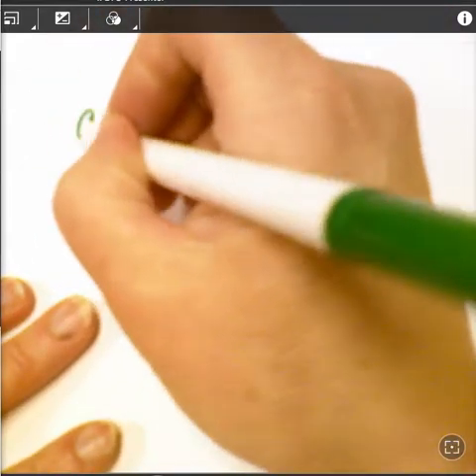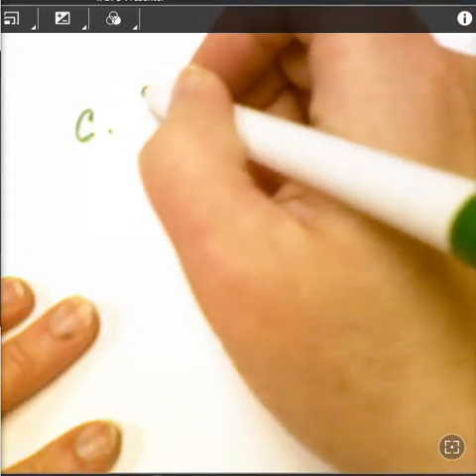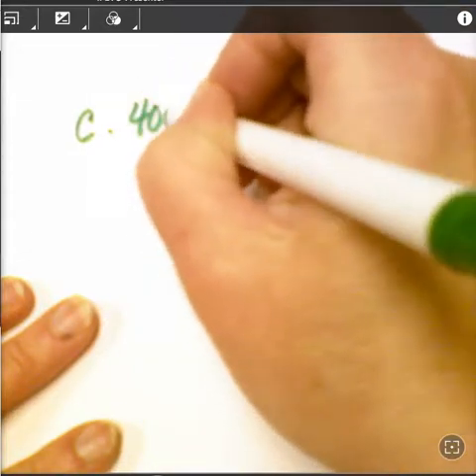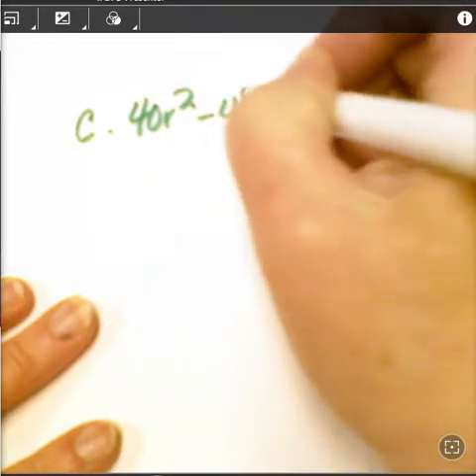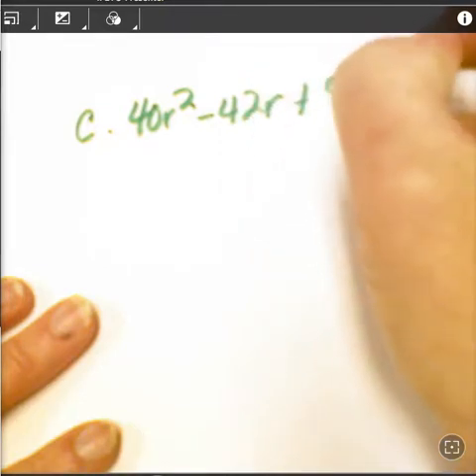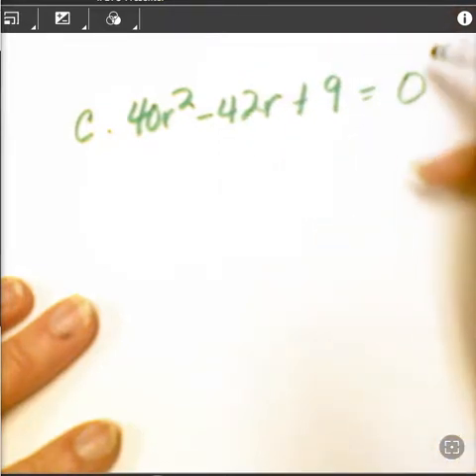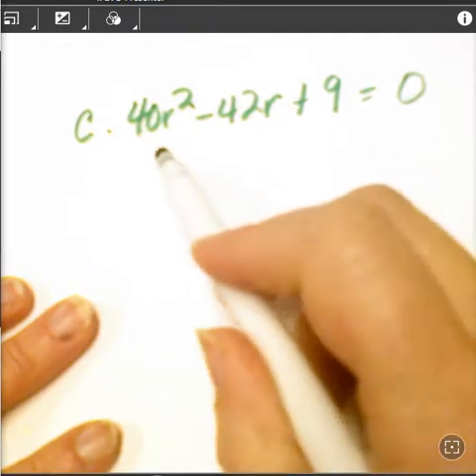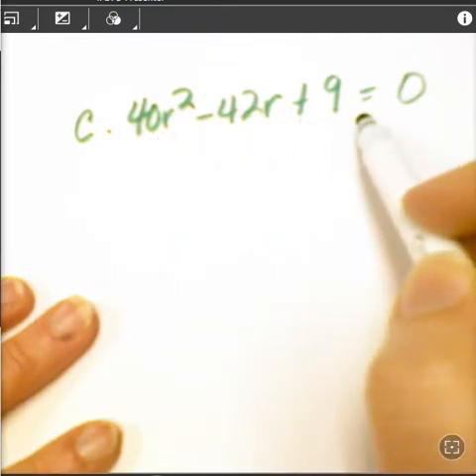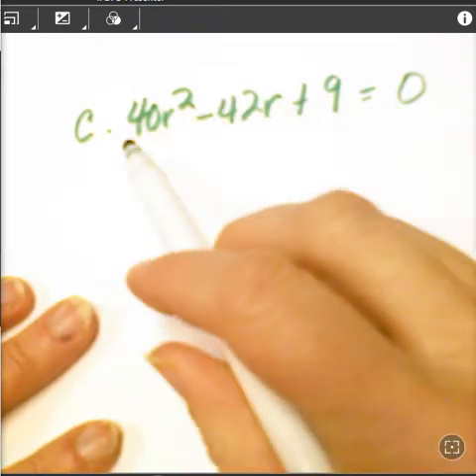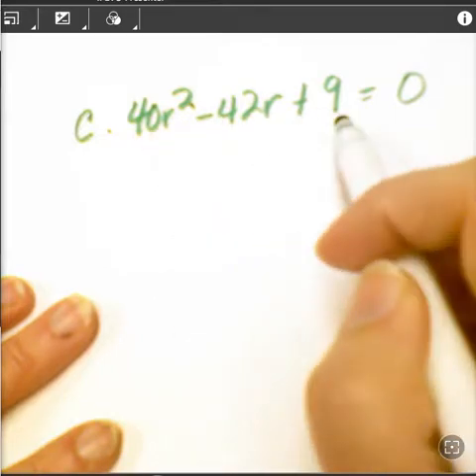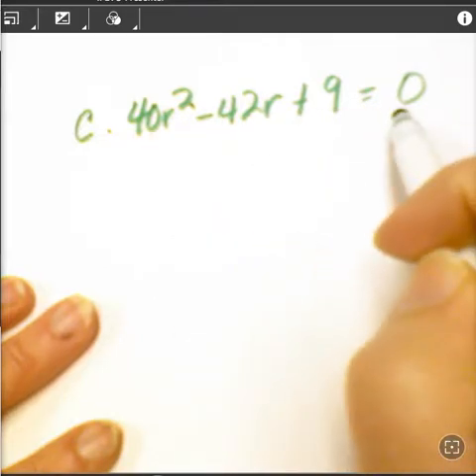So let's look at C. I think I like C. So C says 40r squared minus 42r plus 9 equals 0.